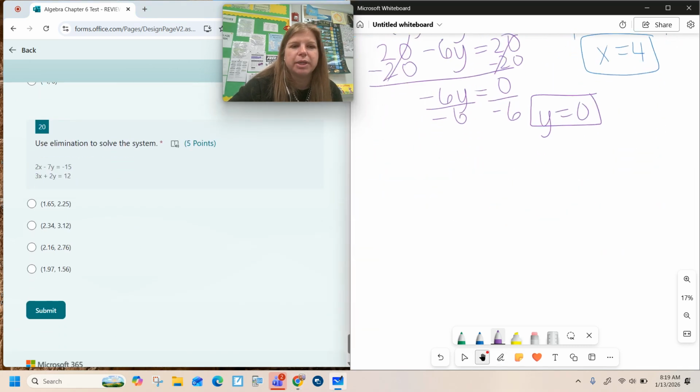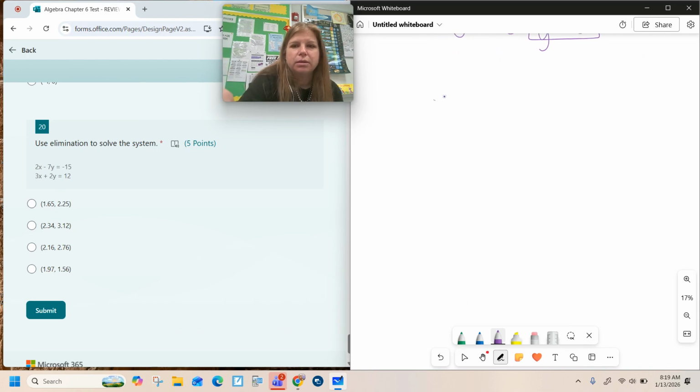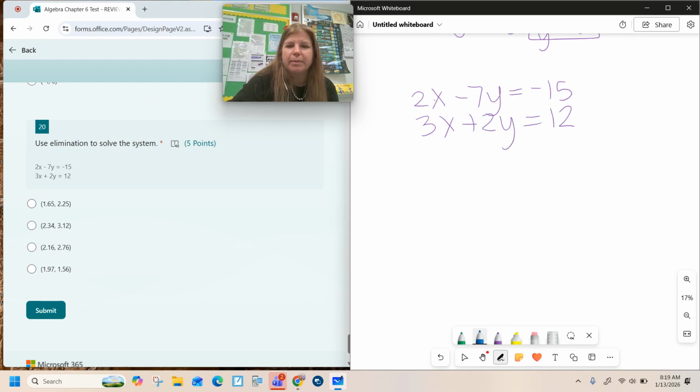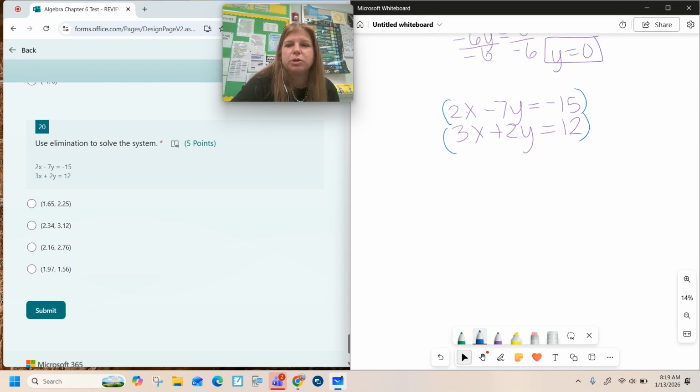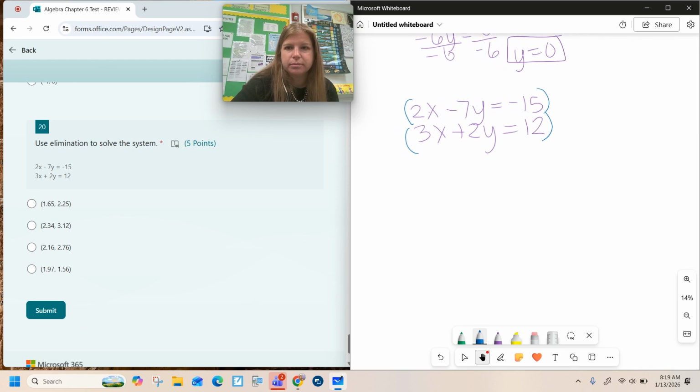Last one, number 20, same idea. 2x minus 7y equals negative 15, and then 3x plus 2y equals 12. I notice that my coefficients are not the same, they're not opposites. 2 and 3. Maybe I'll get rid of my x's. What is the least common multiple of 2 and 3? 6.